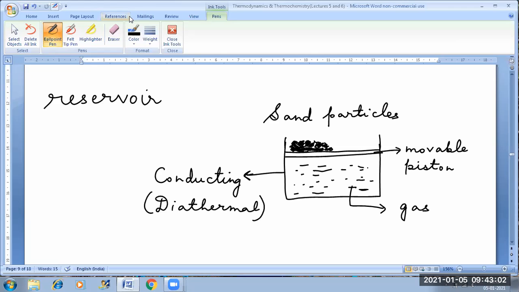Conclusion: any heat released to or taken from the surroundings is not going to create any significant impact on the temperature of the surroundings.